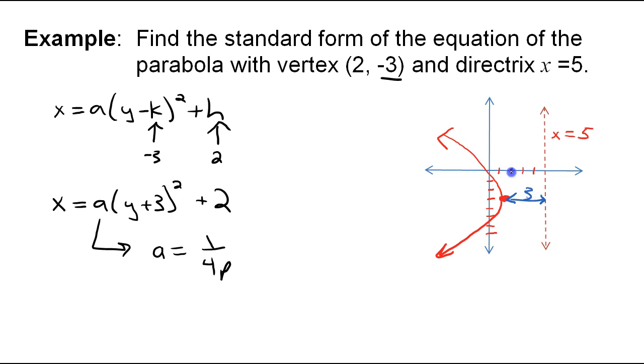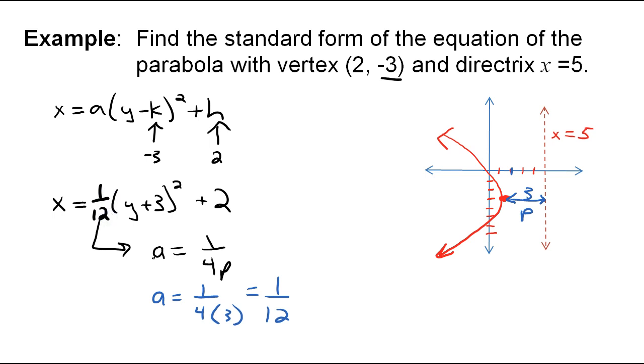I went from (2, negative 3) over to 5. So that's p. So over here, I know that a equals 1 over 4 times 3, which means a is 1/12. So I can go up here and take out my a, and I can put in 1/12.